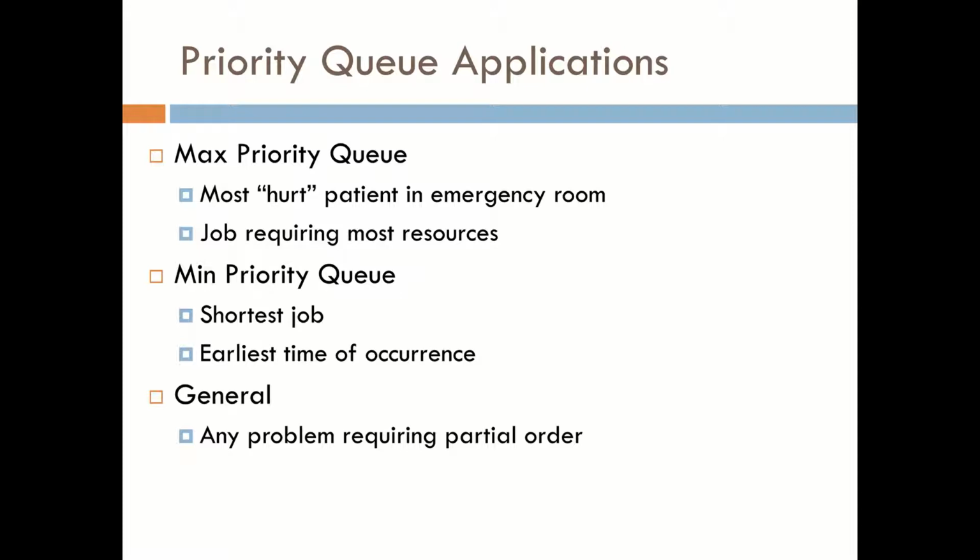In general, we can use priority queues for anything, so we're not just restricted to these examples. We can use a priority queue for anything where there's some kind of ordering established between events or between entities.